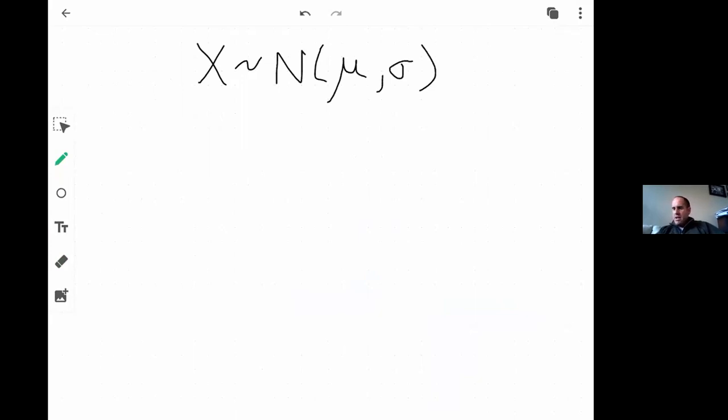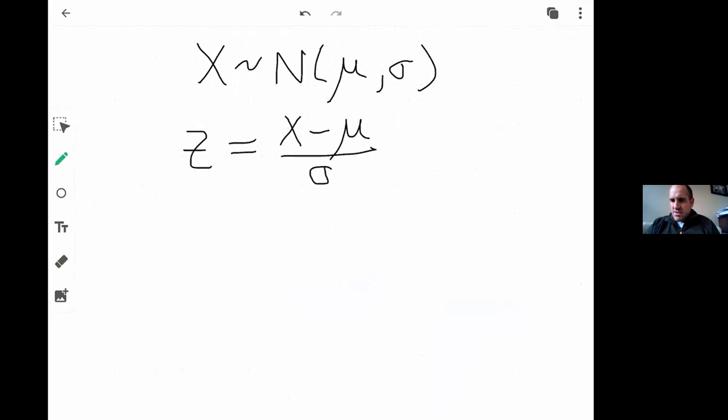And we said, okay, Z, we're setting equal to X minus mu over sigma, okay? And it makes sense that Z would have the exact same distribution, because after all, when we take X and subtract mu, all that's doing is just shifting everything by mu units in one direction.